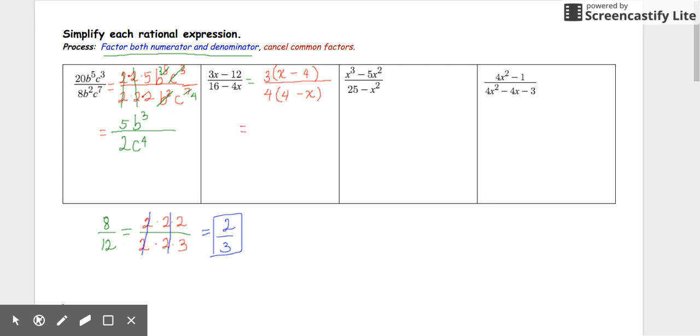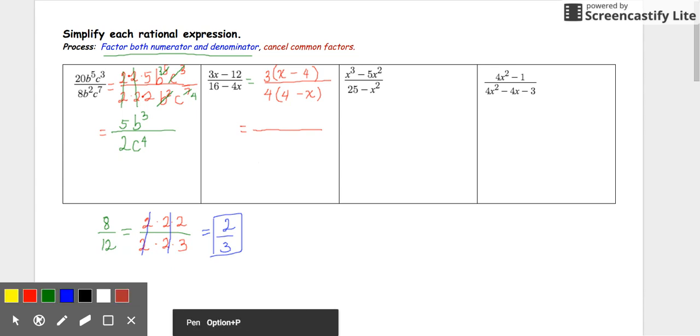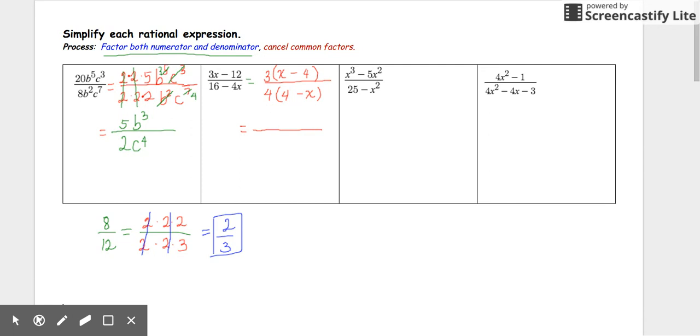However, we can fix this. I can either fix the numerator or the denominator. I'm choosing to fix the denominator. So in the denominator, instead of having positive 4 outside of the parentheses, I'm going to put a negative 4 instead. And because I changed the outside, then I'll have to change also the expression inside the parentheses.